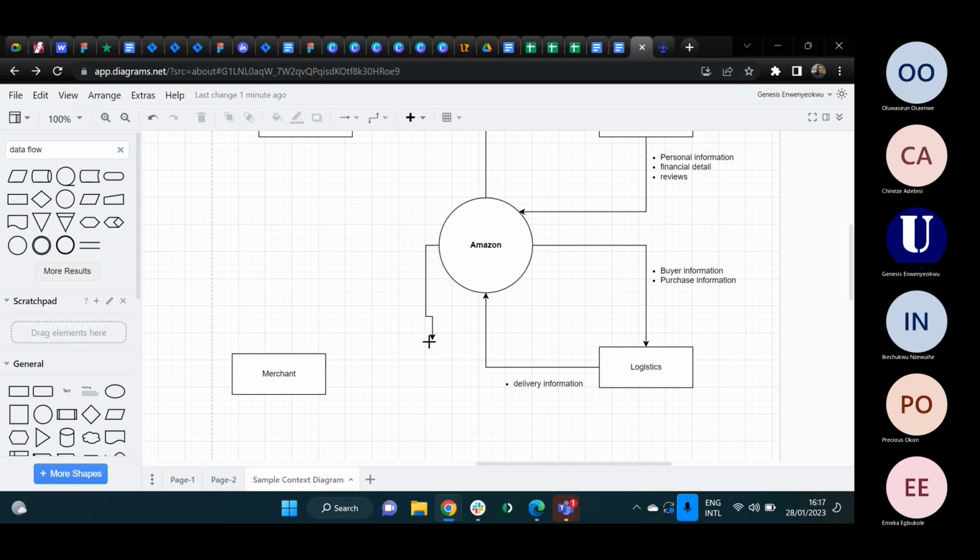Now, for Amazon, we have Amazon dealing with the merchants, the kind of information that Amazon will be sending to the merchants. Let me just put this here. I want to make this neater so they don't join.